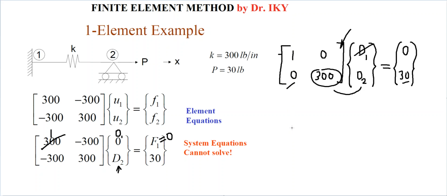We eliminated the unknown definitions. So we just try to solve for D2 with this definition: 0, D1, 300, D2 will be equal to 30. So we call this the elimination technique.